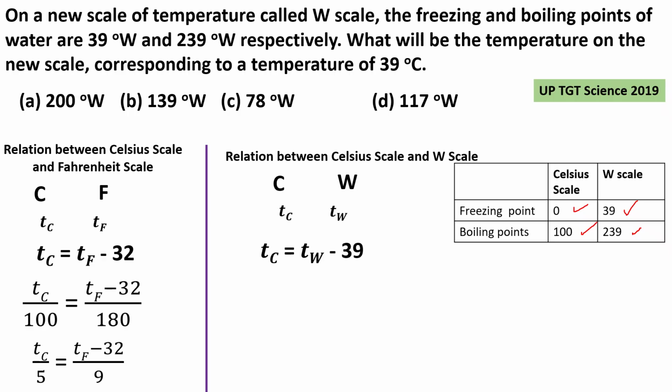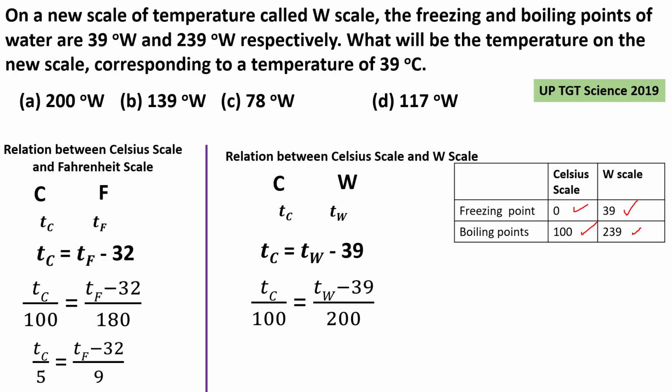Next we have to subtract 39 from the W scale, which aligns its 0 point with the Celsius scale. So Tc equal to Tw minus 39. Then we divide by 100 for the Celsius scale, which gives the Celsius scale per degree.